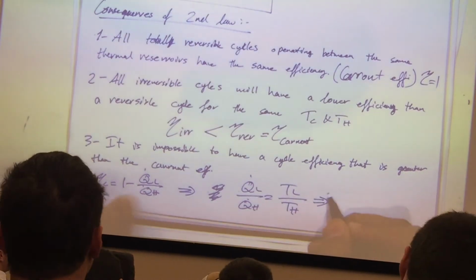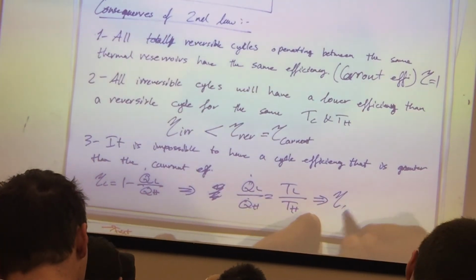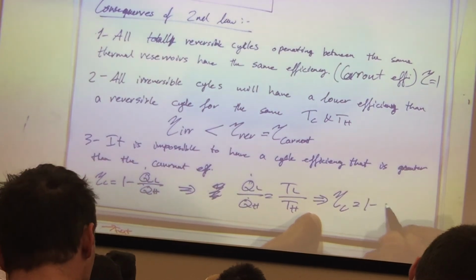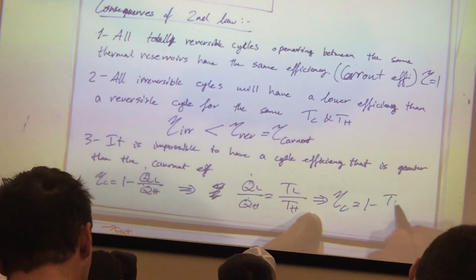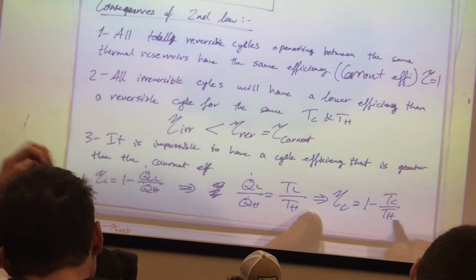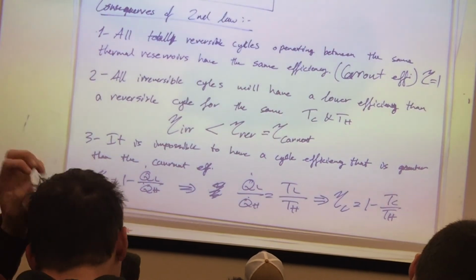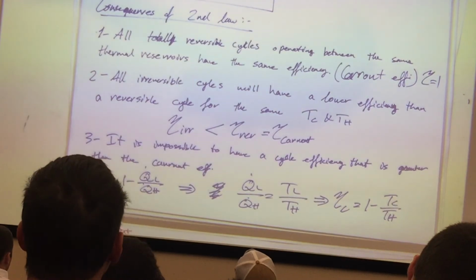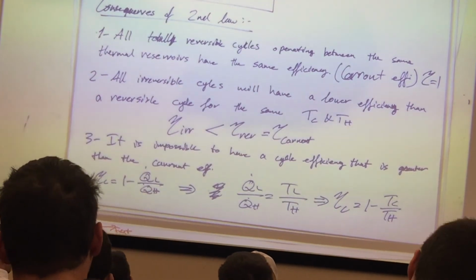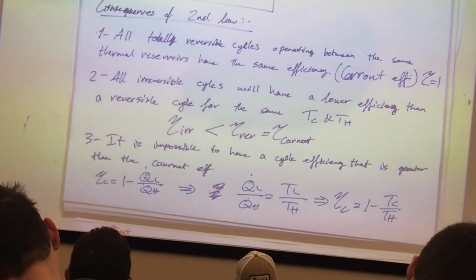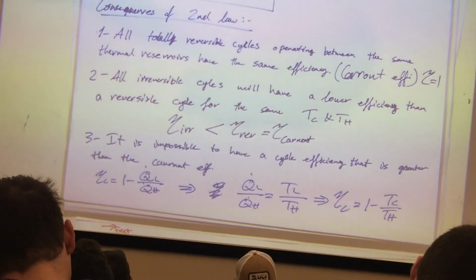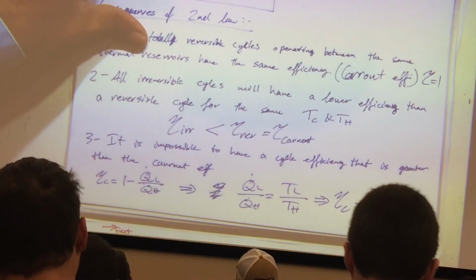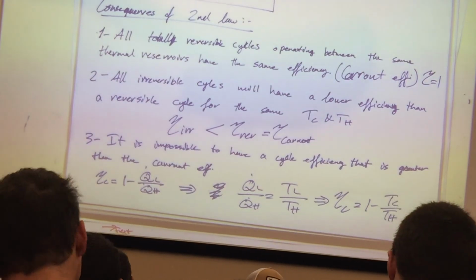So from that, I can get my efficiency of the Carnot is equal to 1 minus T cold over T hot, which is going to be the maximum efficiency I can get out of that system, because I'm saying all my direct heat transfer is converted one to one. And that's the maximum efficiency that we have. Hence, that's what brings entropy into the equation.